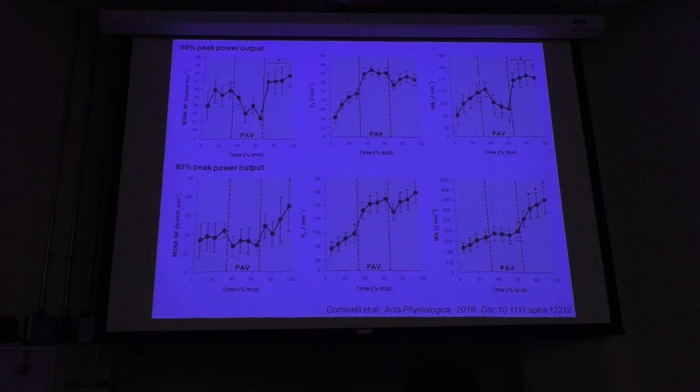When you unload the work of breathing, you would have less muscle sympathetic nerve activity, which means that you would have less vasoconstricting influence on those lower limb muscles, likely contributing or explaining why the blood flow was higher when you unloaded the respiratory muscles to both the blood flow to the vastus lateralis and medialis.